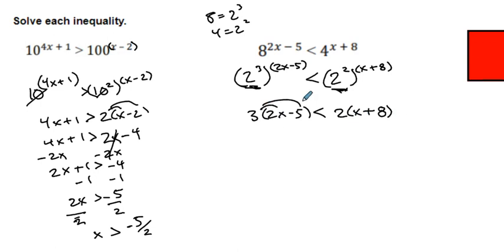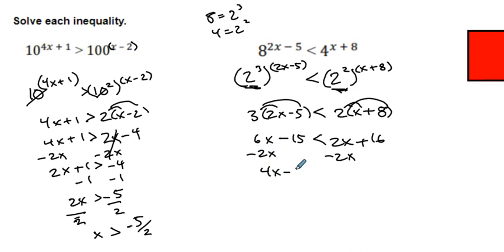So let's do some multiplying. So we get 6x minus 15 is less than or equal to 2x and then plus 16. All right, so let's subtract 2x from both sides. Again, keeping the variable positive is a good thing. 4x minus 15 is less than or equal to positive 16. So now we're going to add 15 to both sides.